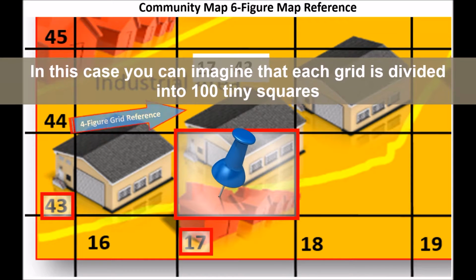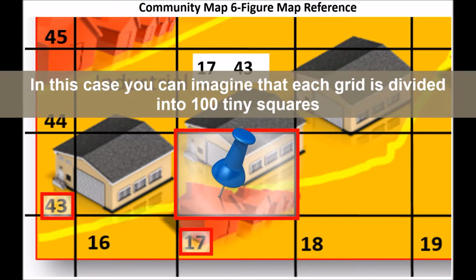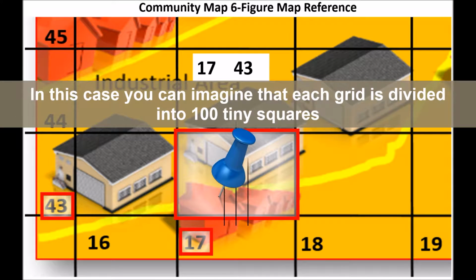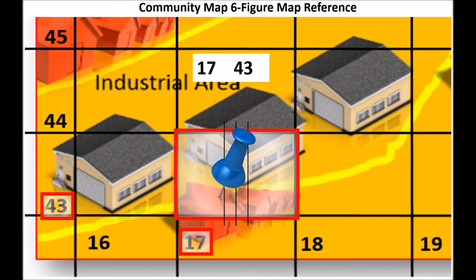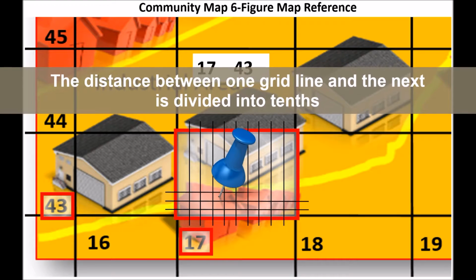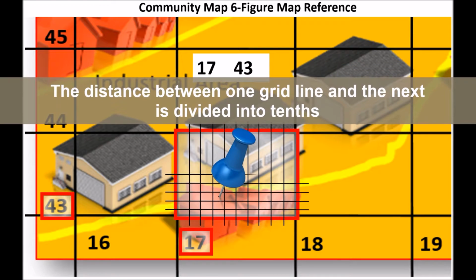In this case, you can imagine that each grid is divided into 100 tiny squares. The distance between one grid line and the next is divided into tenths.